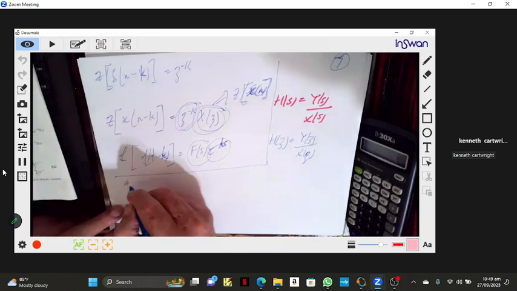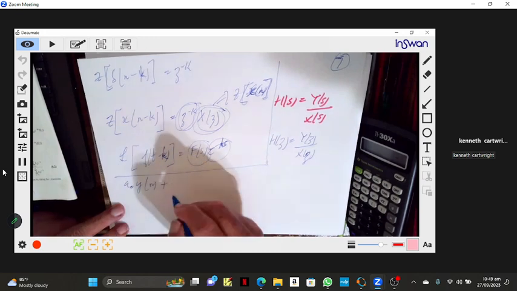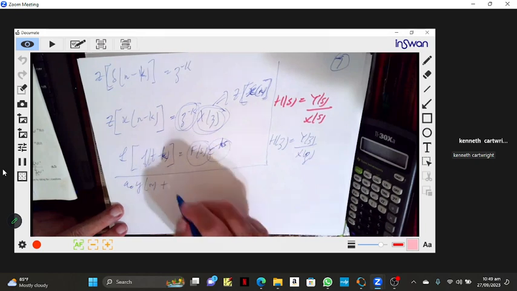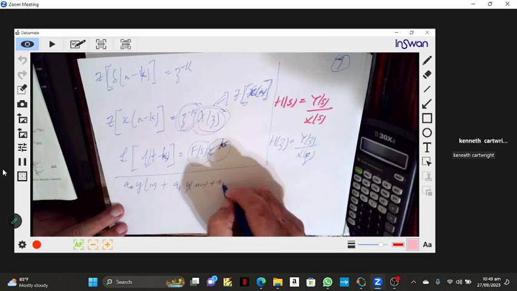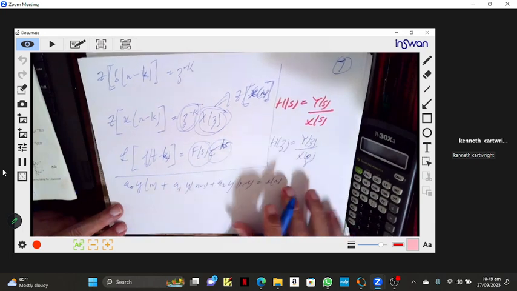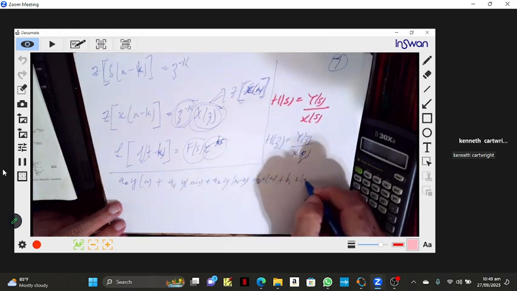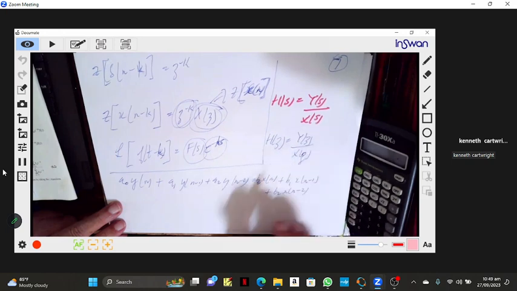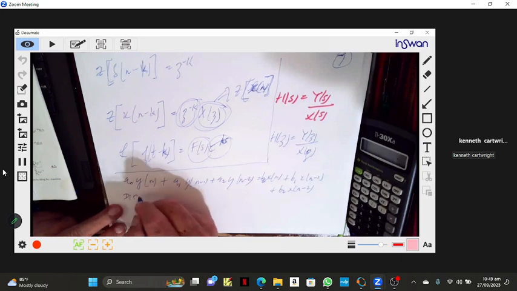We start with a0 y of n plus, I'm just going to do a few, a1 y of n minus 1 plus a2 y of n minus 2 equals b0 x of n plus b1 x of n minus 1 plus b2 x of n minus 2. Okay, there's our difference equation.